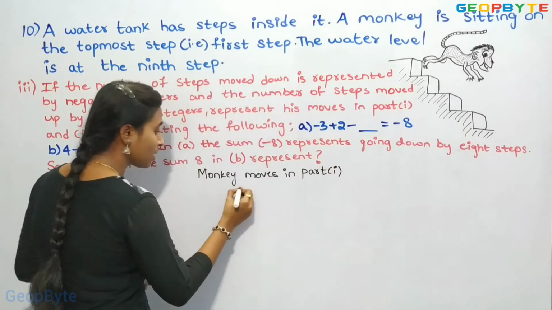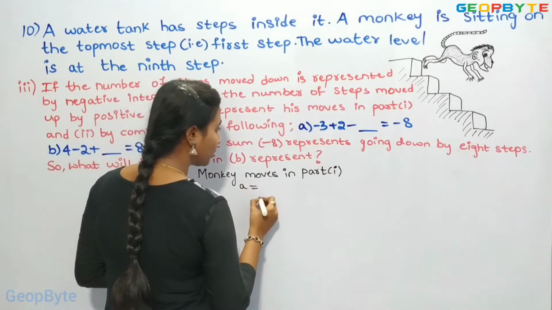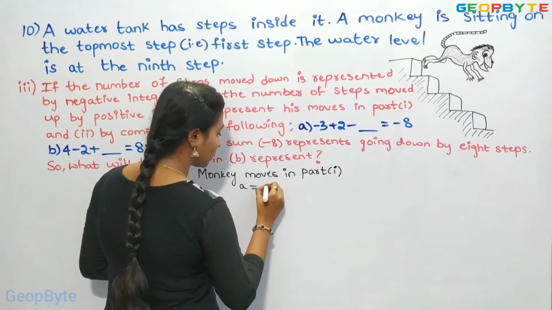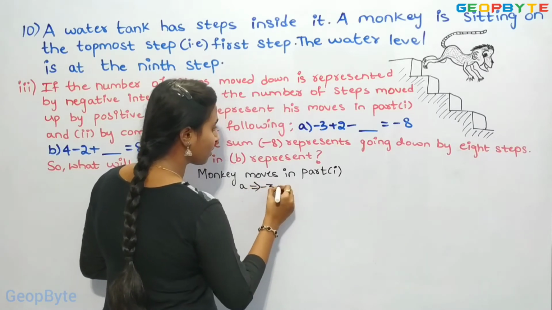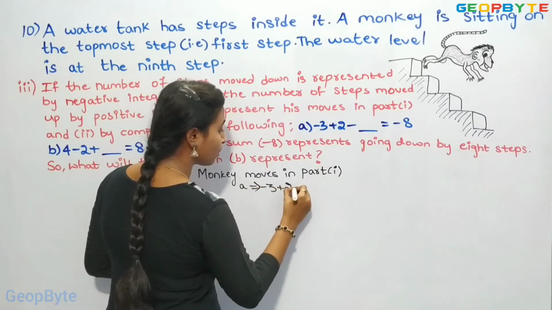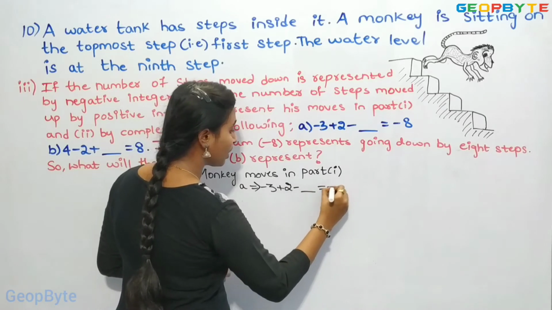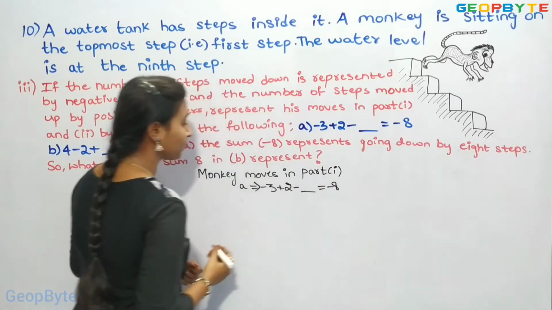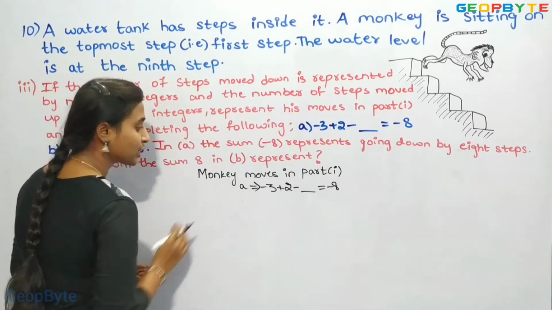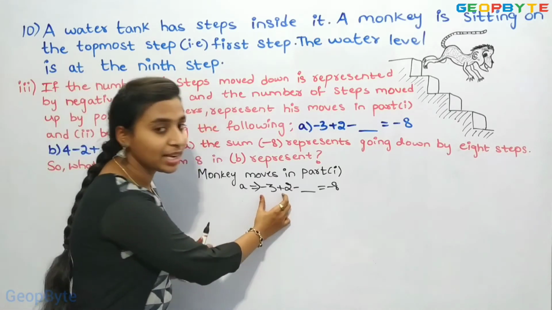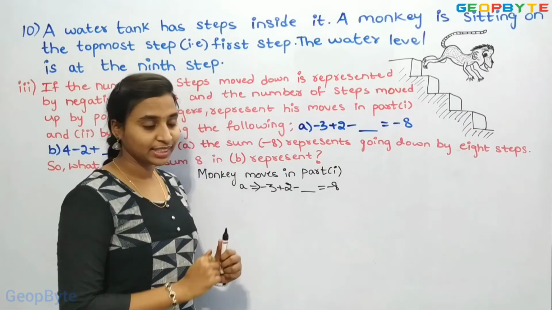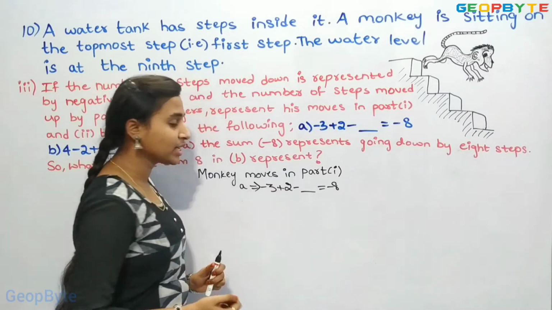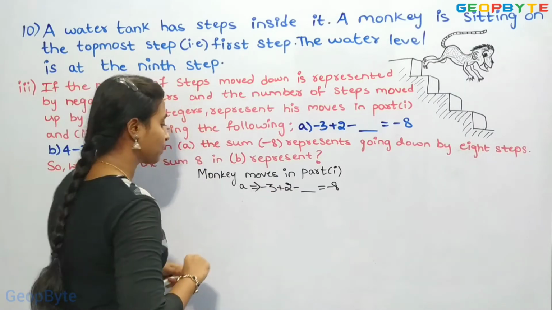That is, A is equal to -3 plus 2 minus dash is equal to -8. See, this -3 is moving down 3 steps. This +2 is moving up 2 steps.